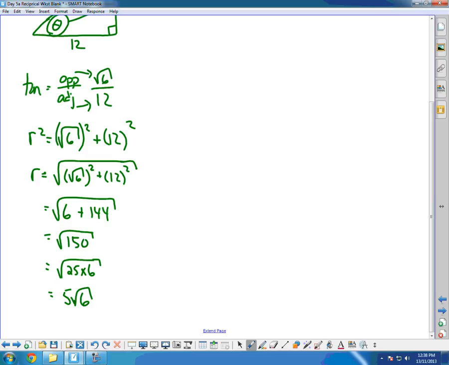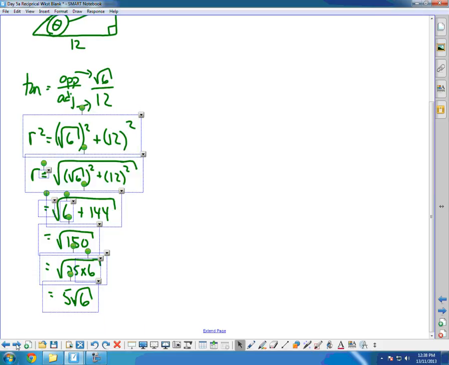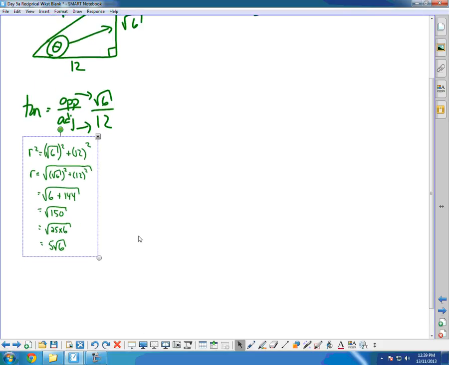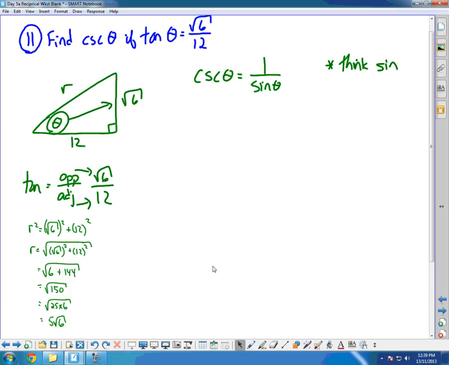Okay. So if I've done that work and figured out that this side is 5 root 6, I now can go off and find the sine.